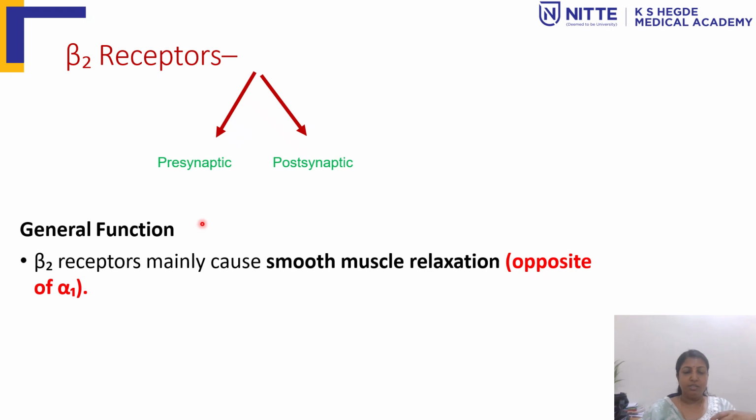Coming to the beta 2 receptors, they are present postsynaptically as well as presynaptically. Presynaptically, they are usually facilitatory. Postsynaptically, beta 2 receptors mainly cause smooth muscle relaxation, which is opposite to that of alpha 1 receptors.